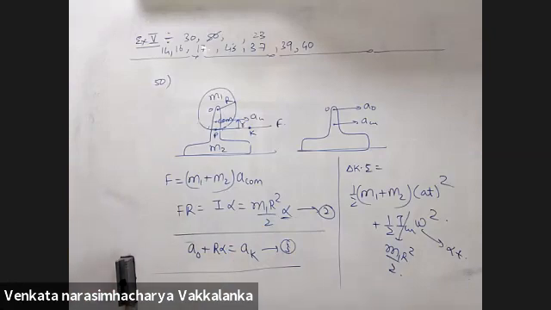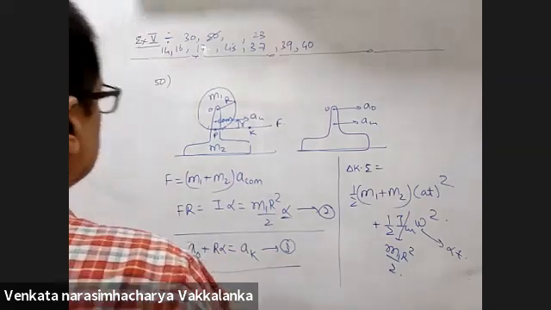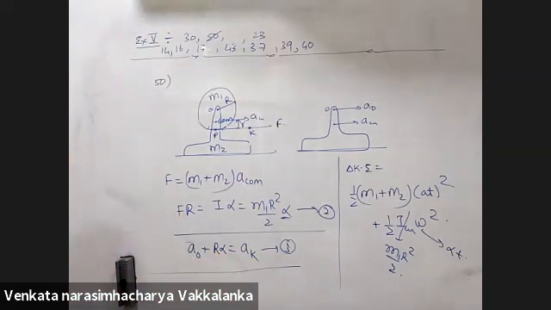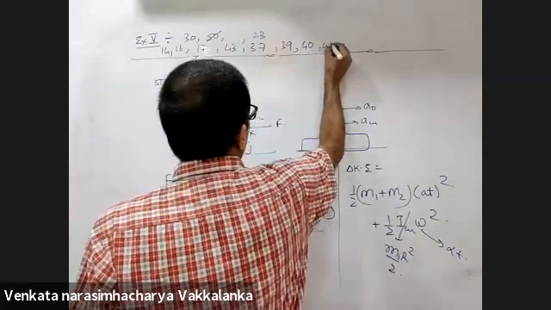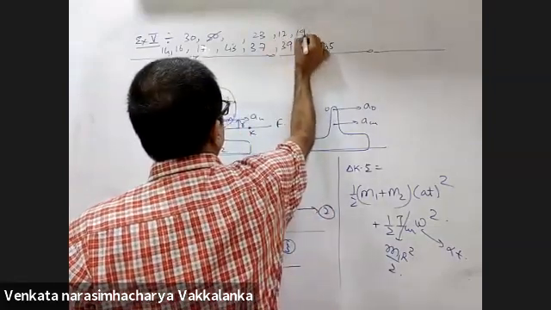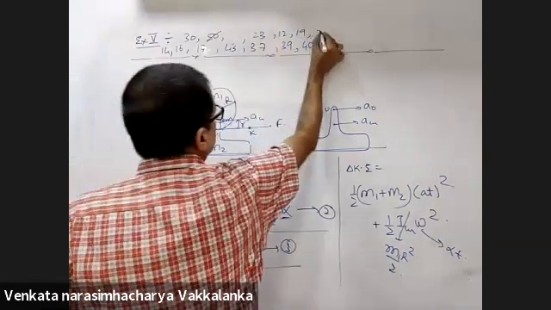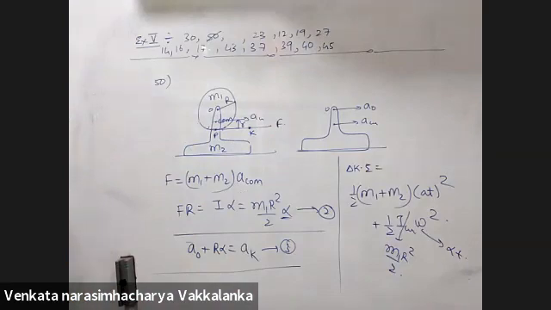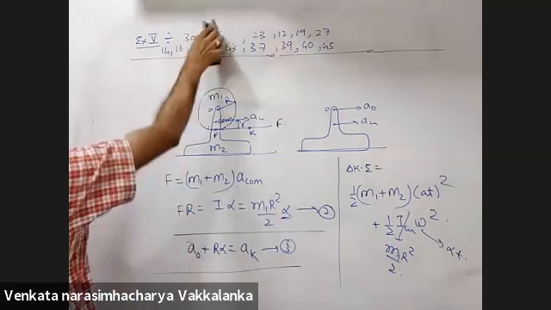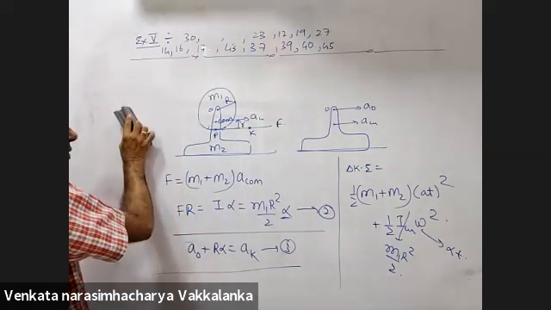Sir, can you also add 12, 19 and 27? One second, let me rub the board. Sir, could you write 45? 12, 19, 27. Just a second, sir.